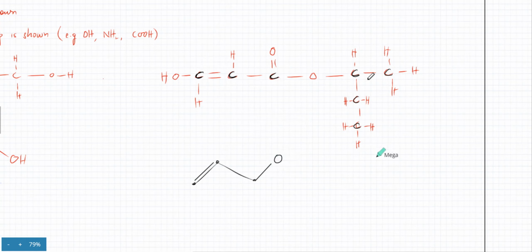Now after the oxygen, there's another carbon atom. So the zigzag line continues. This end over here is another carbon atom, right? And at this carbon atom, the line is splitting into two separate chains. On one side, there are two carbon atoms.